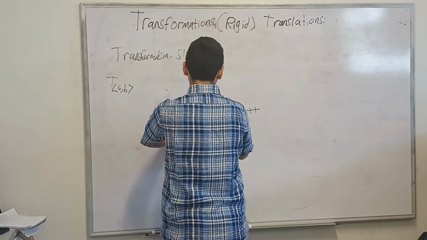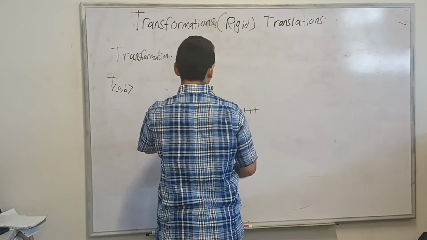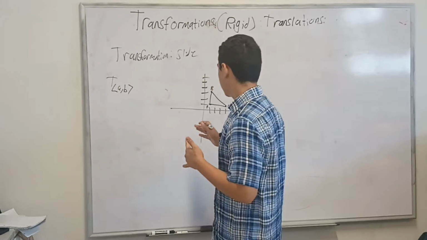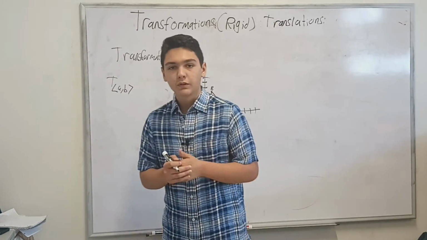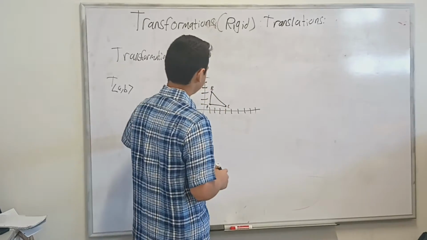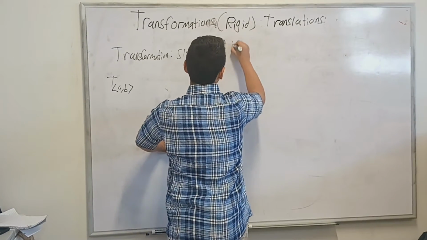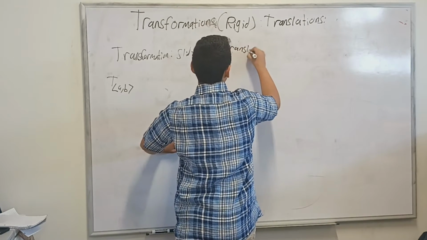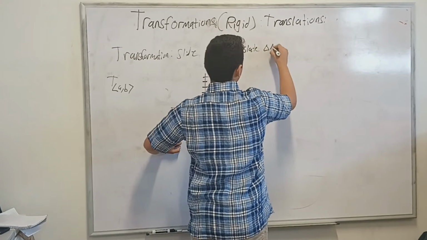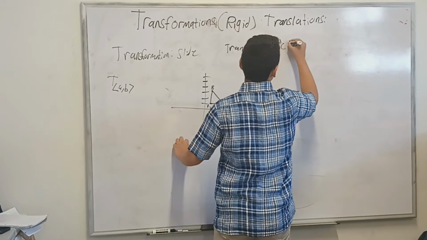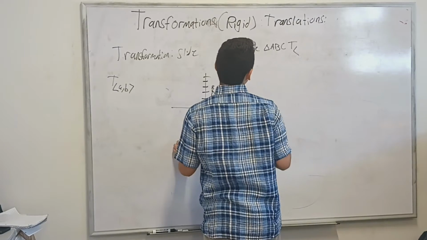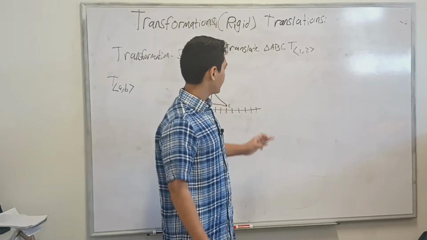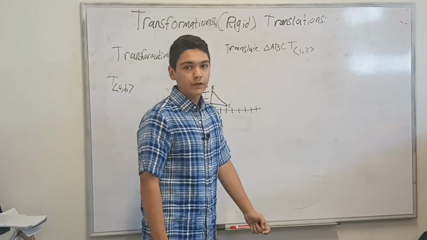Let's label this A, B, and C. Now let's say we want to translate this triangle ABC by the translation vector of, let's go with (1, 2). So all this means is we're moving the points 1 to the right and up 2, okay?